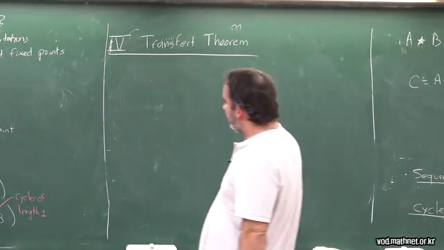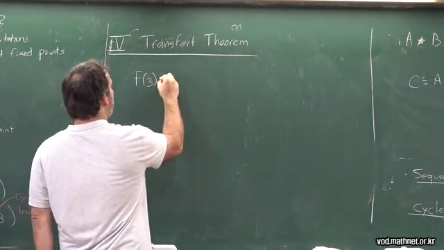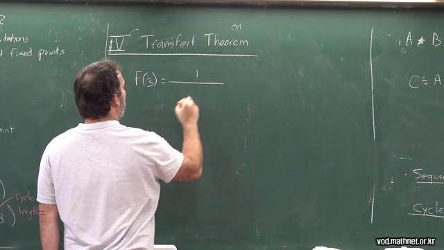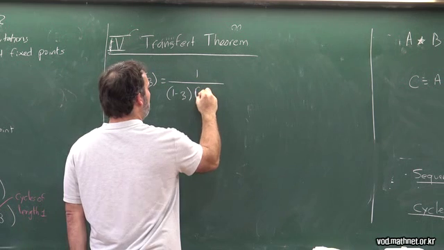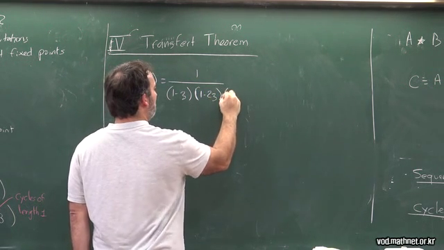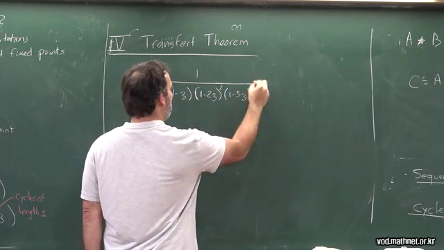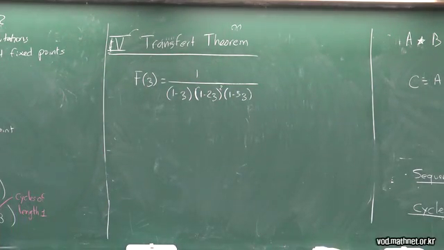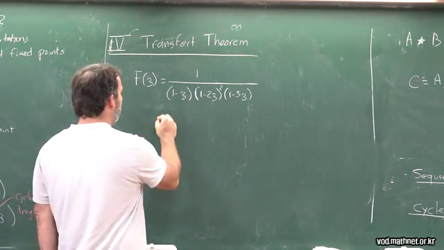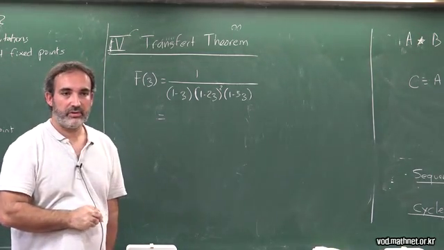Okay, so consider this simple rational function. If I want to know the asymptotic equivalent of the coefficients, one thing you can do is to decompose this function.